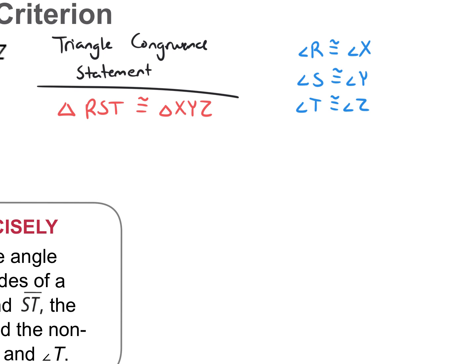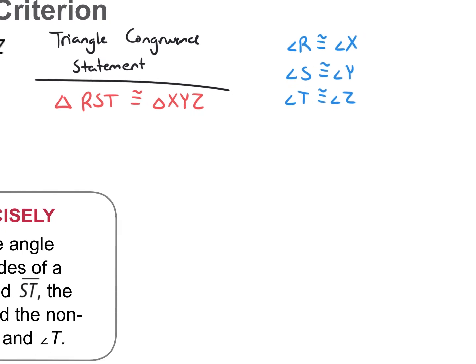Capiche? Okay, along with the angles in the congruent statement, we can also say things about the sides. So if I talk about side RS, what is RS congruent to? XY. Yep. They're in the same spot, right? RS is congruent to XY because they're in the same spot. Okay. What if I said ST?